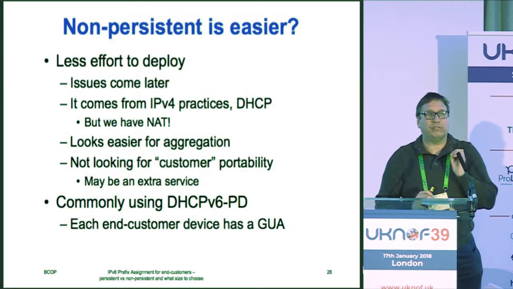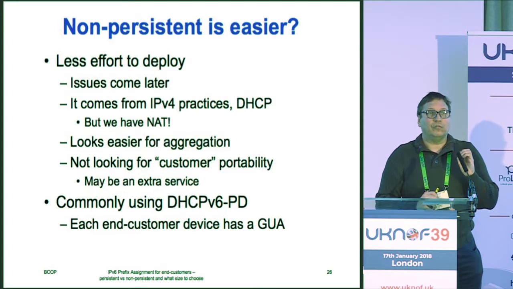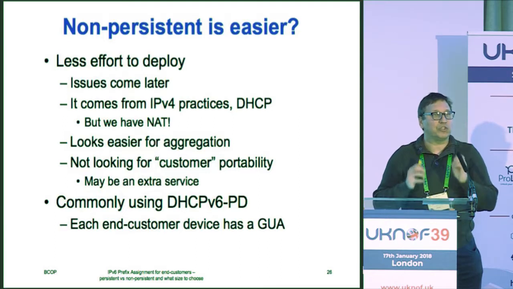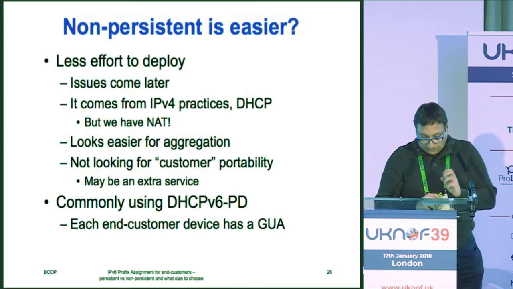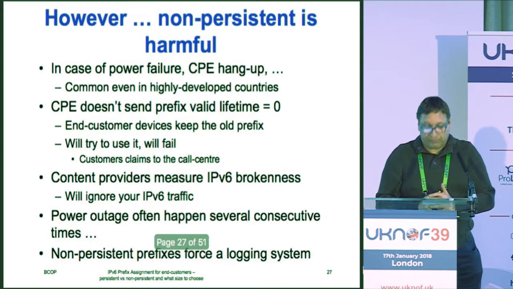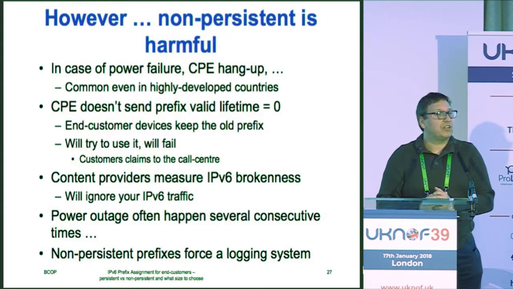Because in IPv4, if you change the address, if you are using what typically is called dynamic addresses for customers, the internal network of the customer needs to be renumbered because they are using private space, but this is not the case in IPv6, okay? So if you do non-persistent with IPv6, what happens is that most of the CPEs don't keep in the flash memory what prefix they are using.